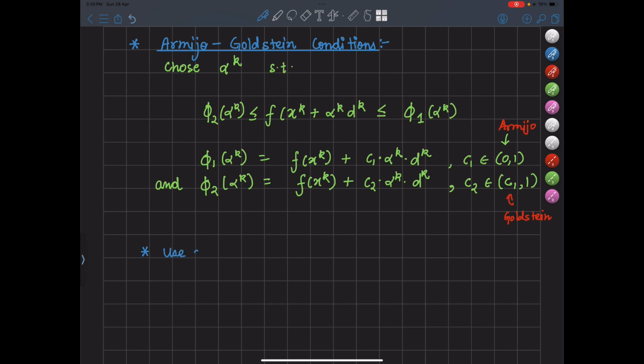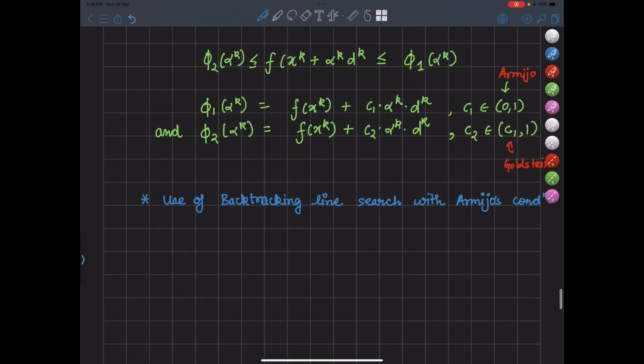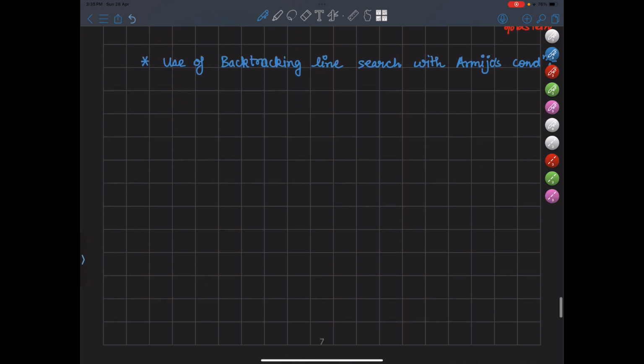So, the use of backtracking line search with Armijo's condition. Alright, so backtracking line search.